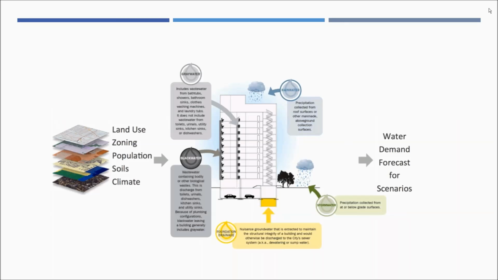What the Integrated Urban Water Model does is it makes use of some of these databases like Teresa was referring to, like land use, population, climate data, and uses those in an automated way to limit user input of data to then run scenarios where a baseline projection of water demand can be created, and then further, various scenarios of water reuse and conservation can also be run. And ultimately, the output of it is a demand forecast for all of these different scenarios.